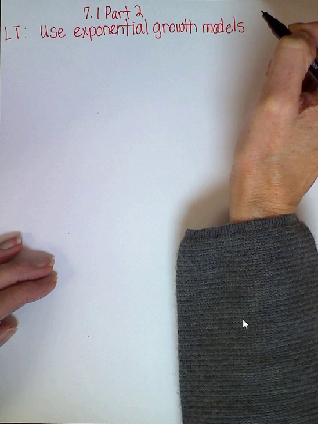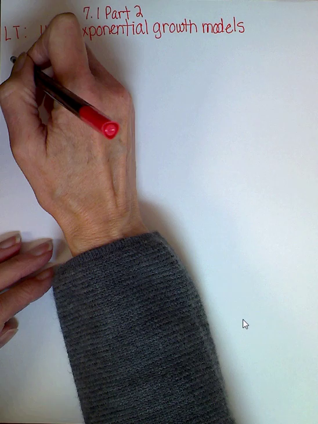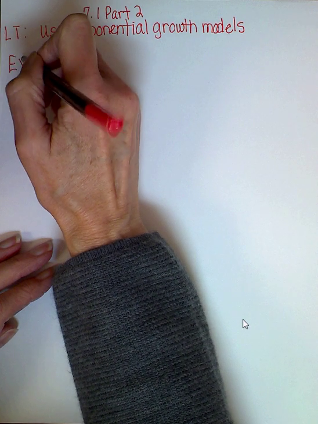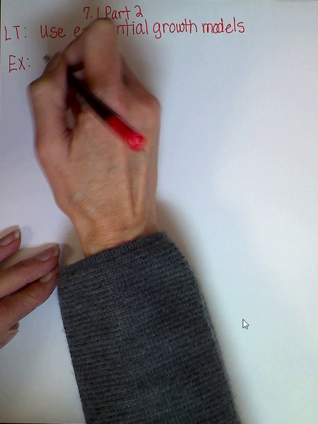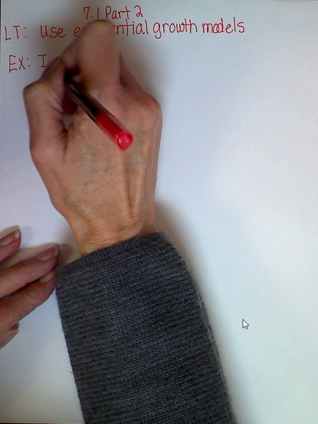Okay, so this example is a word problem. And you don't have to write this word problem out if you don't want to. You can if you want to look back at it.